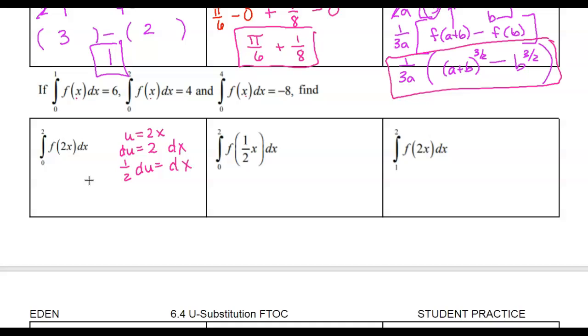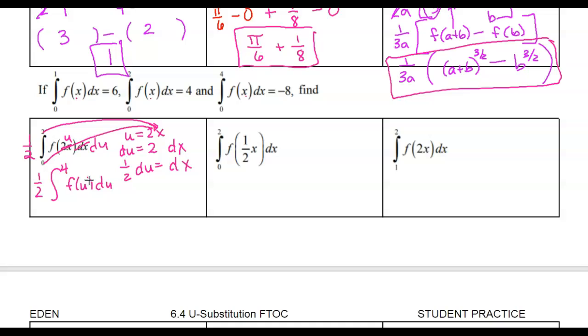And so we saw this concept on previous assignments. So by substitution, I get 1/2 du u. But remember, these are x limits, and we want to change those to u limits, so everything's in the same term. So I get 1/2 f of u du, and if x is 2, u is 4.